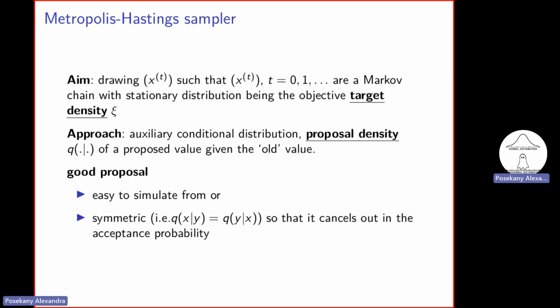Metropolis-Hastings requires us to have, even though we don't know what the posterior is, because it's not in closed form anymore and we can't do the calculations by hand as we could yesterday, at least some target density which we want to aim for. And we need a proposal density which is smart enough to allow us to propose a new value based on the old value.